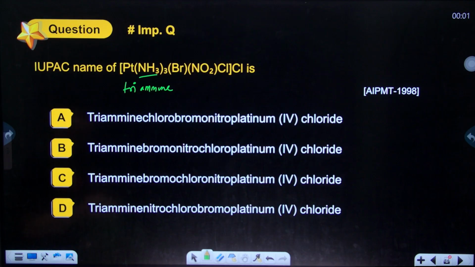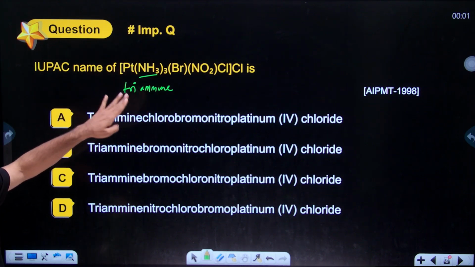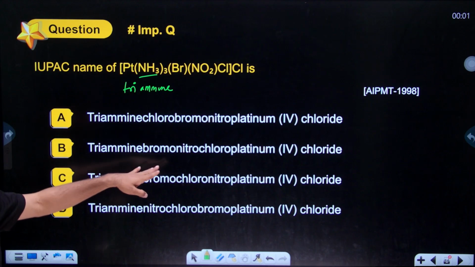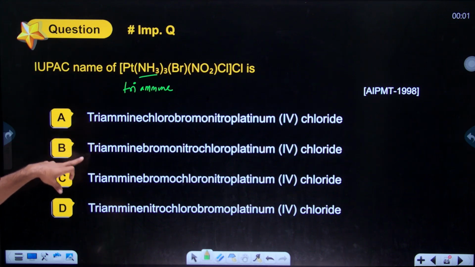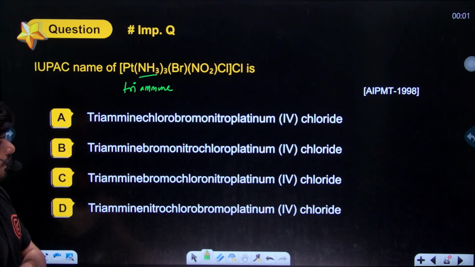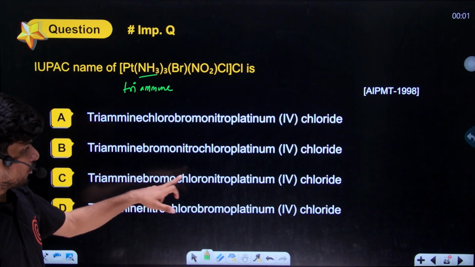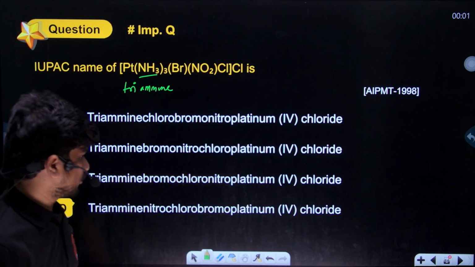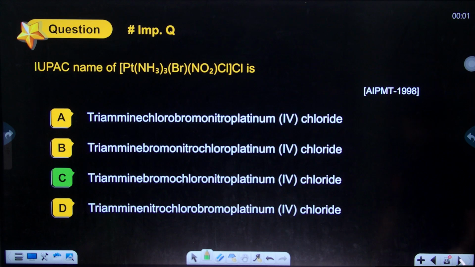So you will be writing it as chloro, because this is in the cationic part. You will be writing everything as chloro, bromo, like that. So you have amine which comes first, triamine, correct. Next you have bromo, next chloro, nitro, platinum 4, chloride. So those are in your alphabetical order.